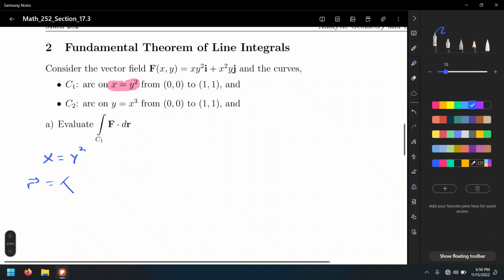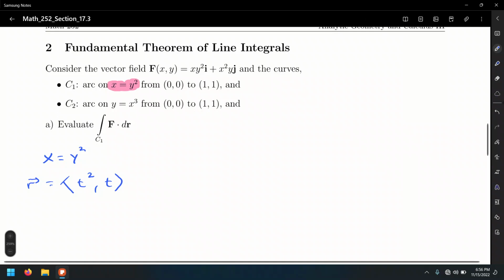In this case the independent variable is y, so the y component is going to be t. If y equals t, substitute that into x equals y squared, and that becomes x equals t squared. Are you guys following me here? All right, that's our parametric equation of x equals y squared. Later we will look at the picture of what it is.